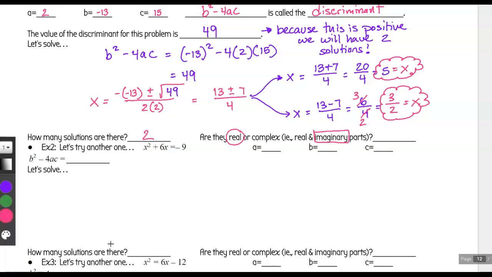So these are real. Imaginary is only when the discriminant is negative.